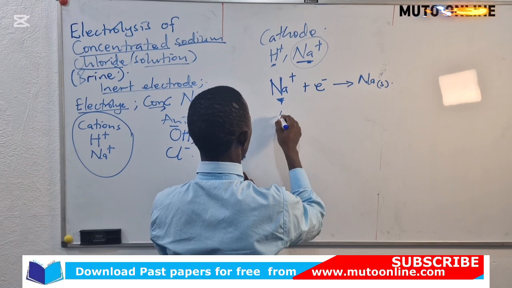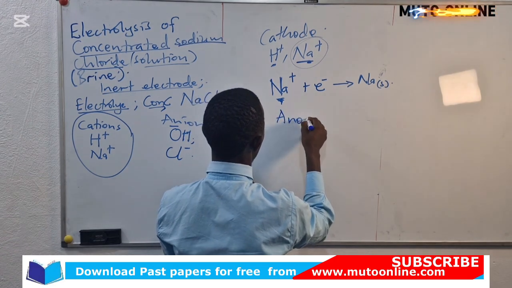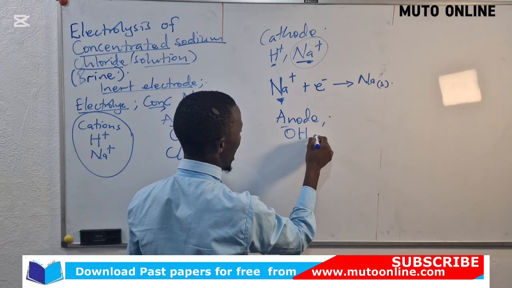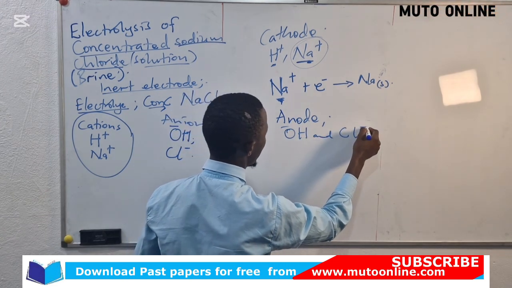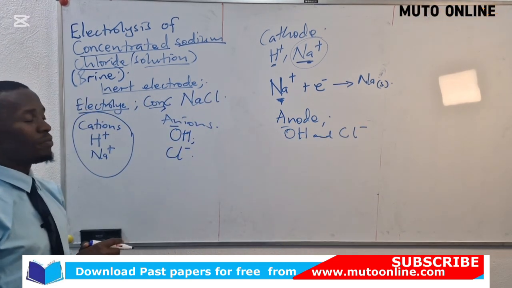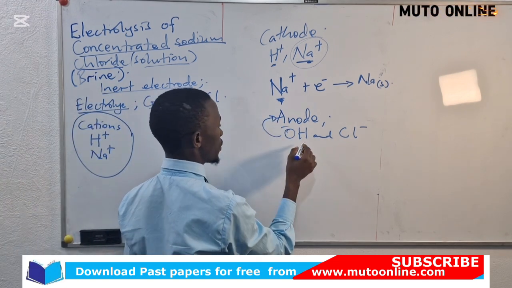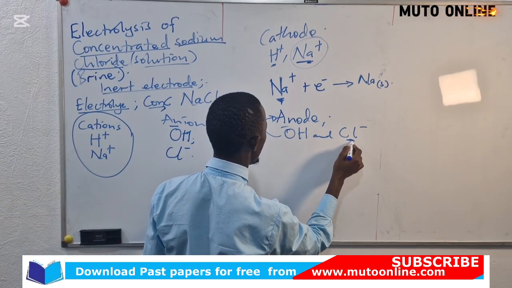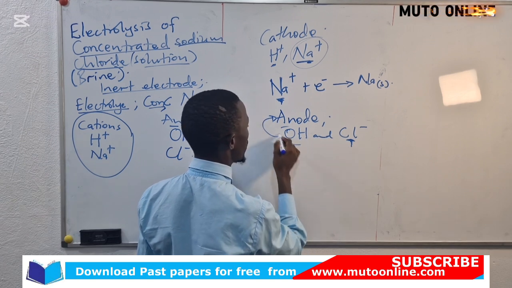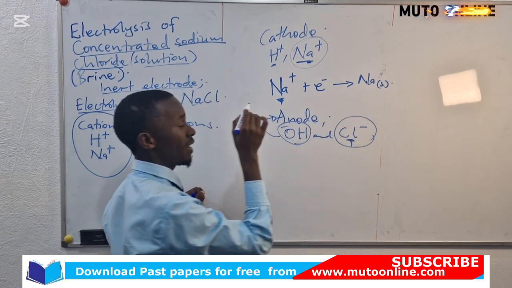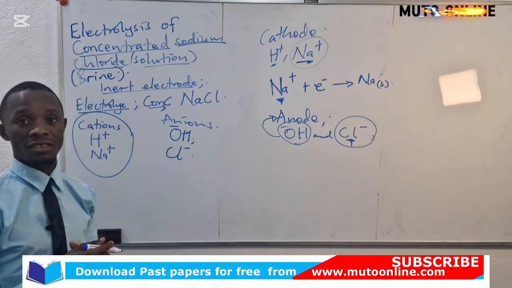And then to the anode, both the hydroxide and the chloride ions will migrate there, but only the chloride ions will be discharged in preference to the hydroxide ions, based on the concentration of the chloride ions in the electrolyte.